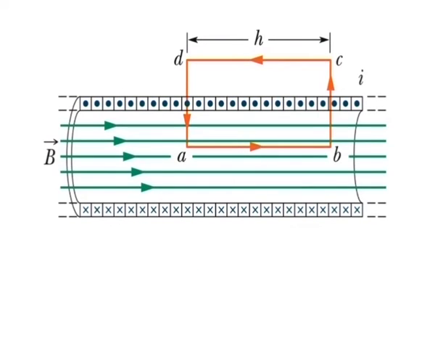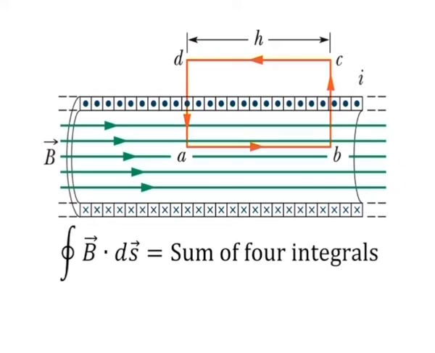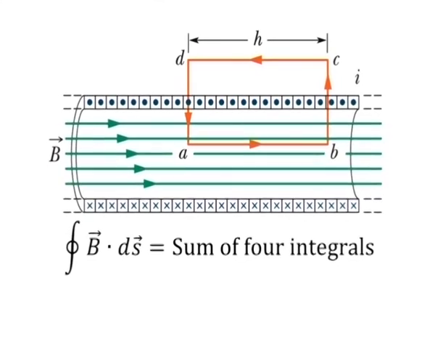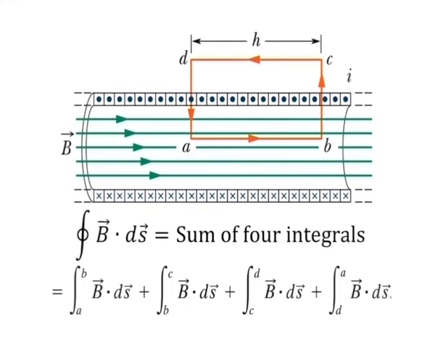Let us now apply Ampere's law to the ideal solenoid using the rectangular Amperian loop ABCDA. The magnetic field is uniform within the solenoid and zero outside it. We then write the cyclic integral of B dot ds as the sum of four integrals, as given by this equation.